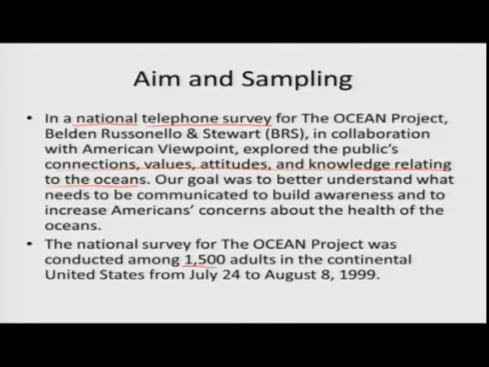So, 1,500 adults participated, which means it excluded children, and this was the duration. They were telephoned and asked questions about what they know about the oceans, and they responded.